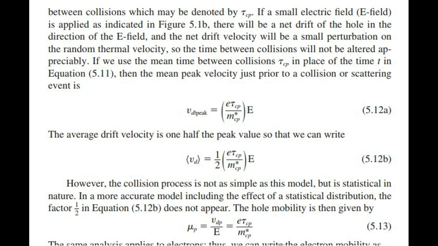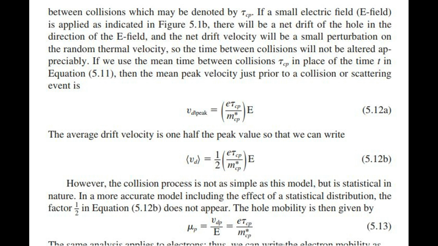If we use the mean time between collisions τ_cp in place of the time t in equation 5.11, then the mean peak velocity just prior to a collision or scattering event is. The average drift velocity is 1/2 the peak value, so that we can write. However, the collision process is not as simple as this model, but is statistical in nature.